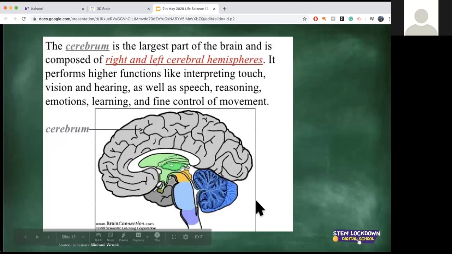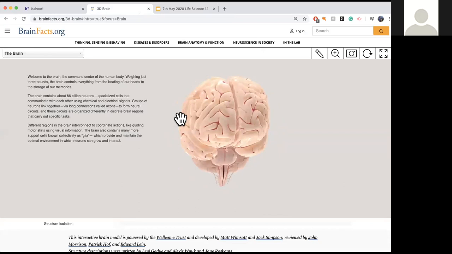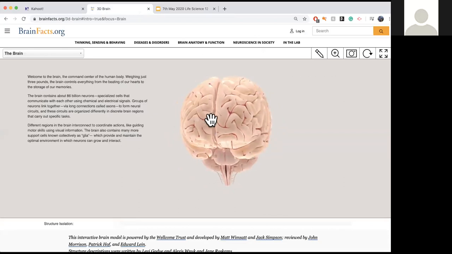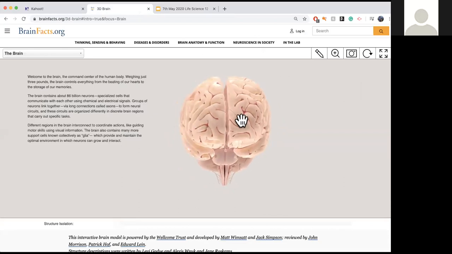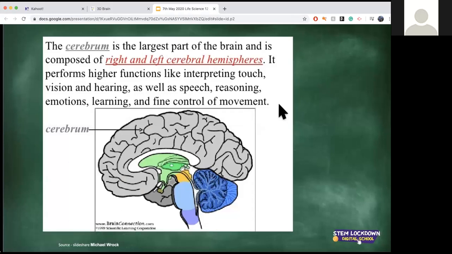Right, let's look at the cerebrum. So we're going to quickly go to the brain diagram. This is our cerebrum. It's divided into two hemispheres, the right cerebral hemisphere and the left cerebral hemisphere. And right in between is our corpus callosum, joining them. The cerebrum is responsible for the following things.